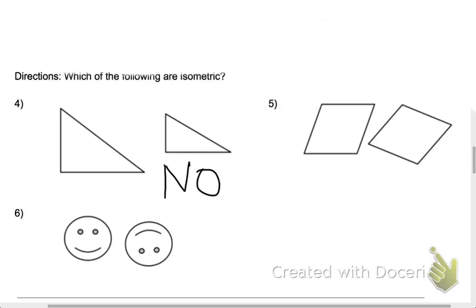Number 5. Are those two figures isometric? Yes, they are. They may have moved or turned, but they're still same size, same shape, so yes, they are isometric. Number 6. Looking at the smiley faces, are those isometric? Again, yes, they are. Same size, same shape.